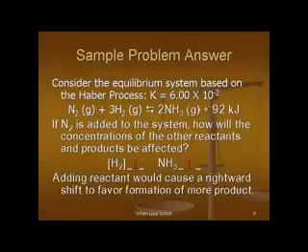In this case, the reaction would shift to the right in order to lower the amount of nitrogen that's there. So we would decrease the hydrogen amount because the hydrogen would be reacting with the nitrogen to form ammonia, and the amount of ammonia would increase. Adding reactant would cause a rightward shift to favor the formation of more product.